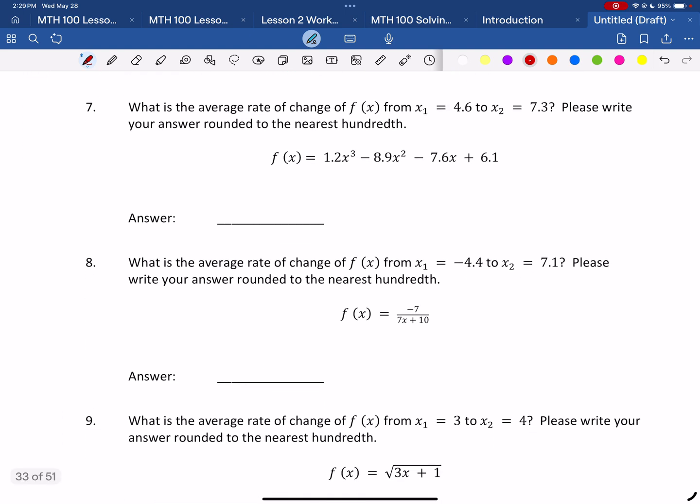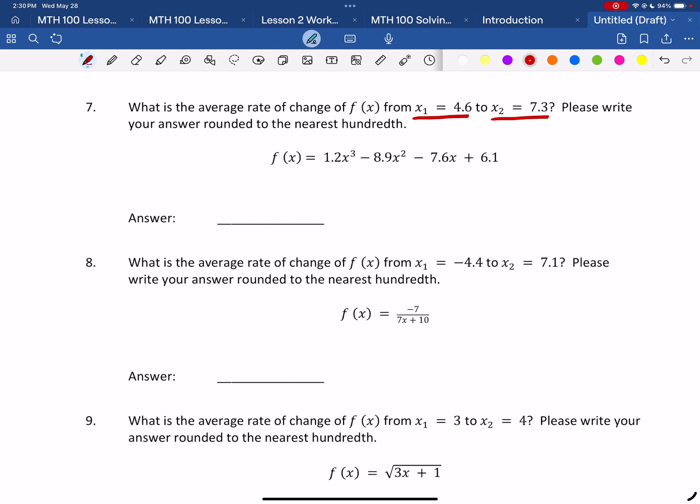Example 7. What is the average rate of change from x1 of 4.6 to x2 of 7.3 for the function f of x equals 1.2x cubed minus 8.9x squared minus 7.6x plus 6.1?